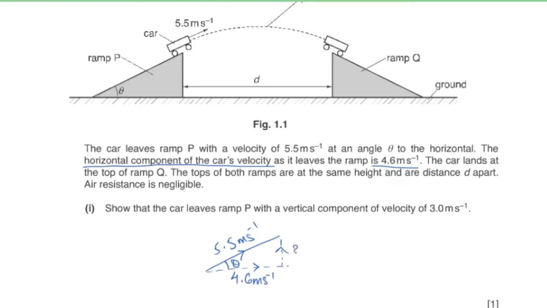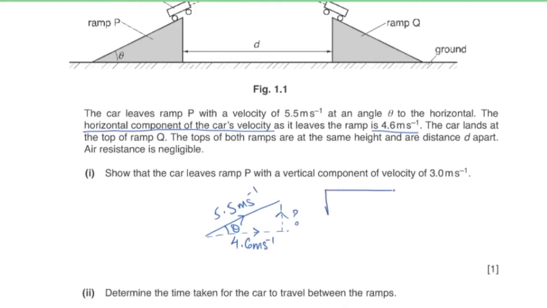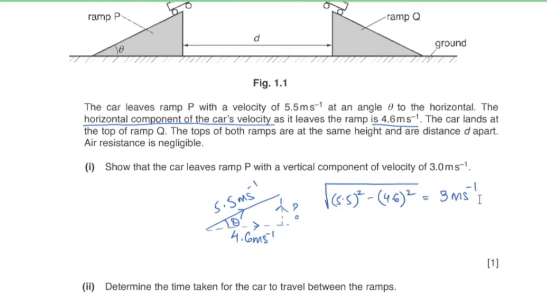And the vertical component can be calculated by using the Pythagoras theorem: 5.5 squared minus 4.6 squared. That leaves us with 3 meters per second. So that's the vertical component of velocity when the car leaves ramp P.